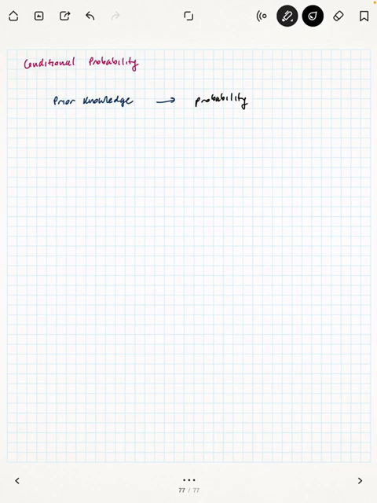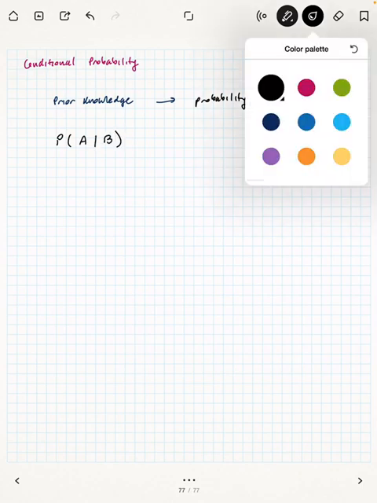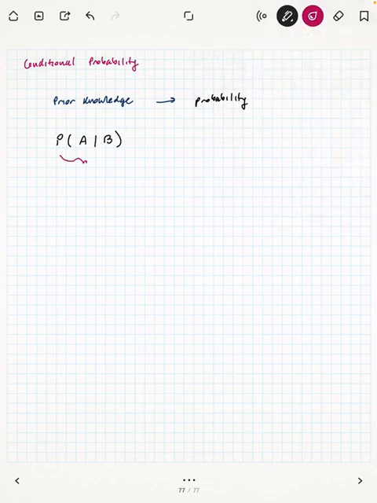So conditional probability is calculated, and we would read this statement here as the conditional probability of A given B has occurred.